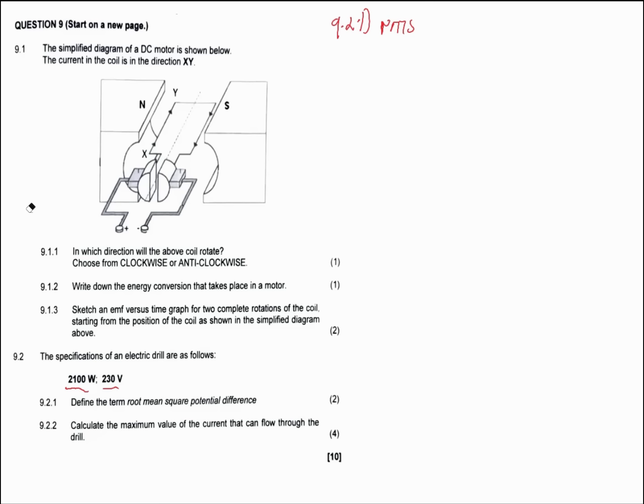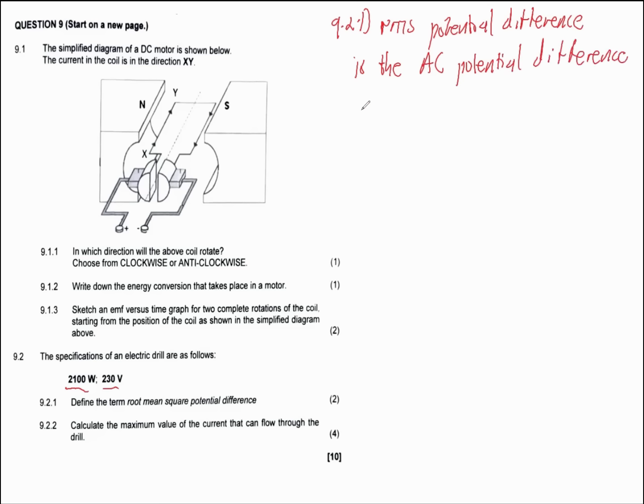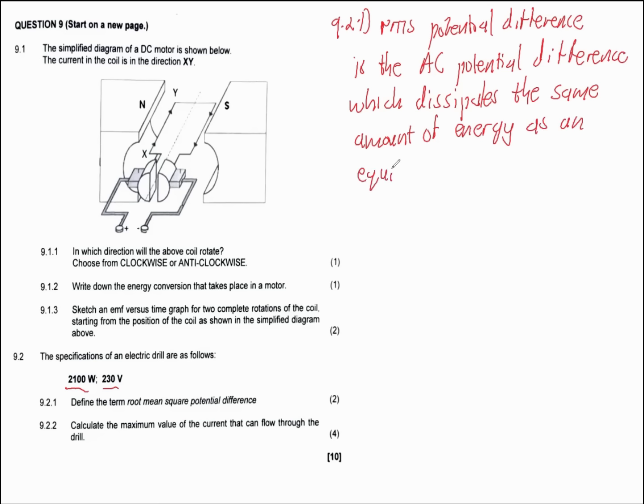So let's say root mean square, RMS potential difference is the AC potential difference which dissipates the same amount of energy as an equivalent DC potential difference.